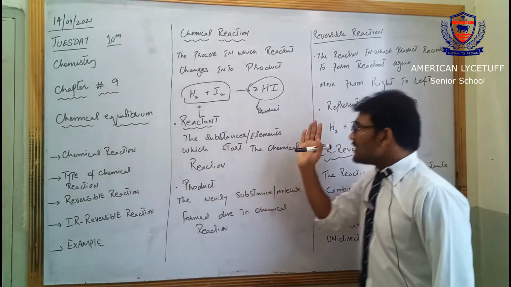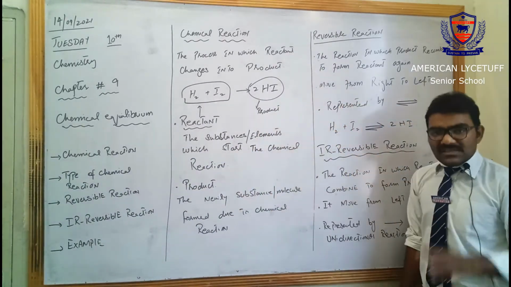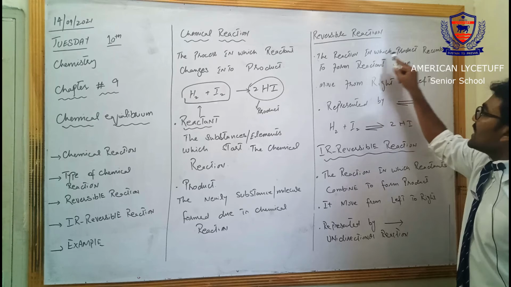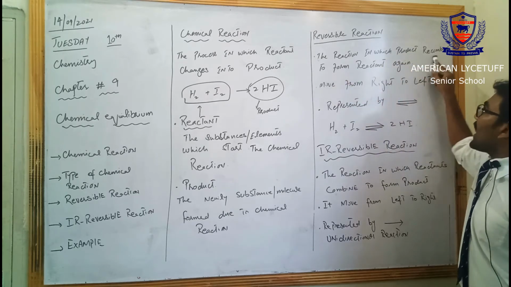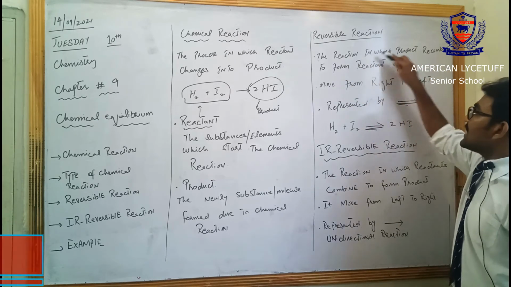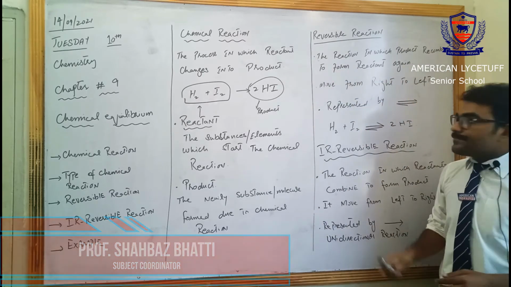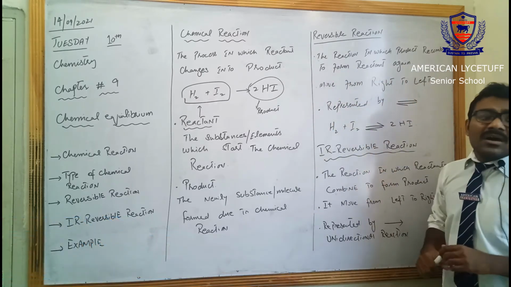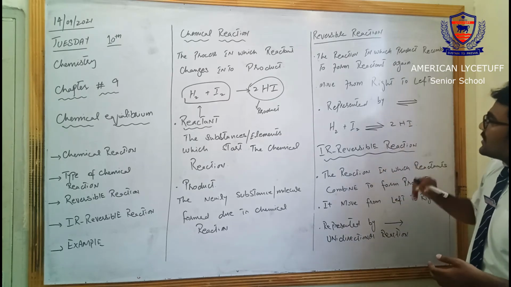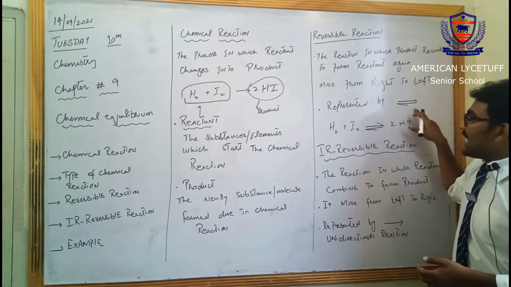So what are reversible reactions? A reversible reaction is a reaction in which the products recombine to form the reactants again, and it moves from right to left, and it is represented by a double arrow.